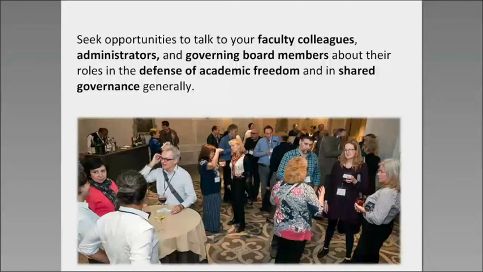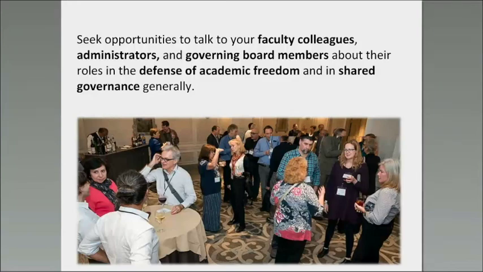This is a very general comment and suggestion, and I think that it is in general very important to seek opportunities to educate members of the academic community, and that's an activity that a chapter can be engaged in. That's an activity that governance bodies can be engaged in, to talk more to your faculty colleagues, but also to administrators, and in some cases perhaps it's possible to include board members, to talk to them about what their roles are in the defense of academic freedom and in shared governance generally.